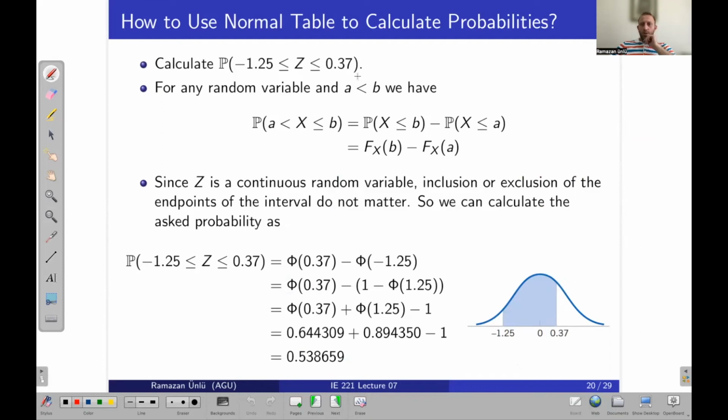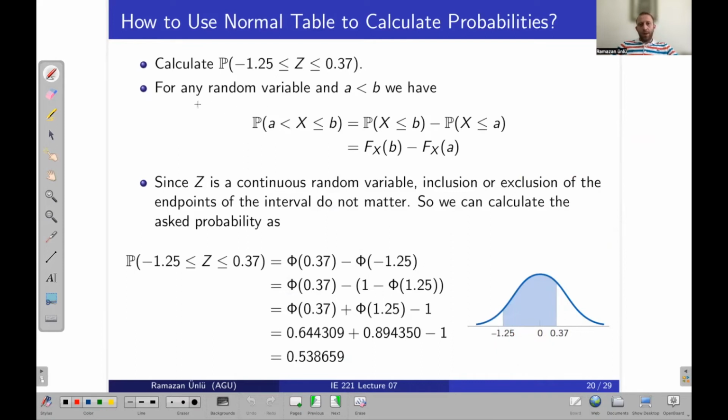Also we can use this table to calculate the probability of some range. For example, let's calculate the probability of z being greater than or equal to minus 1.25 and less than 0.37.